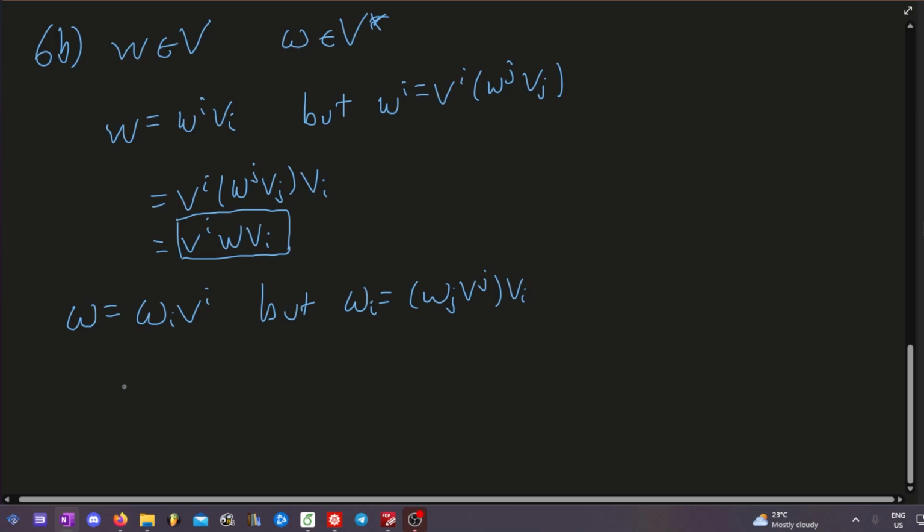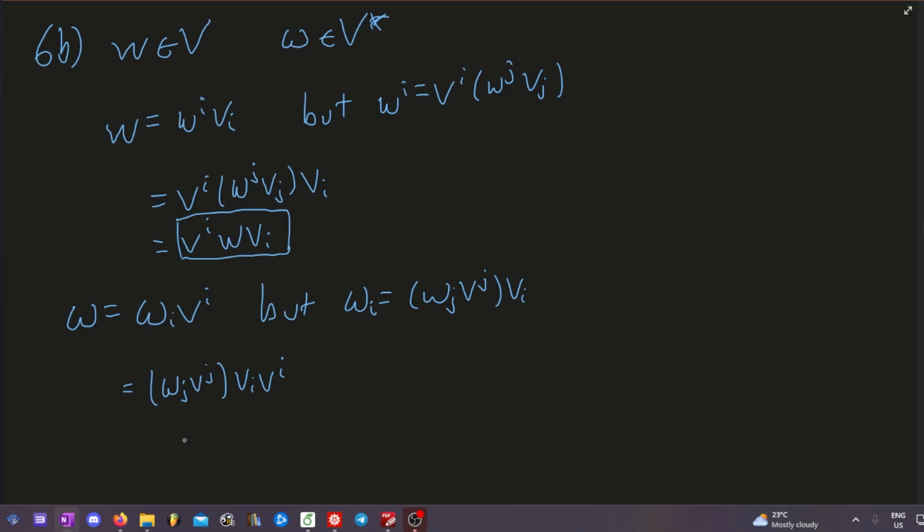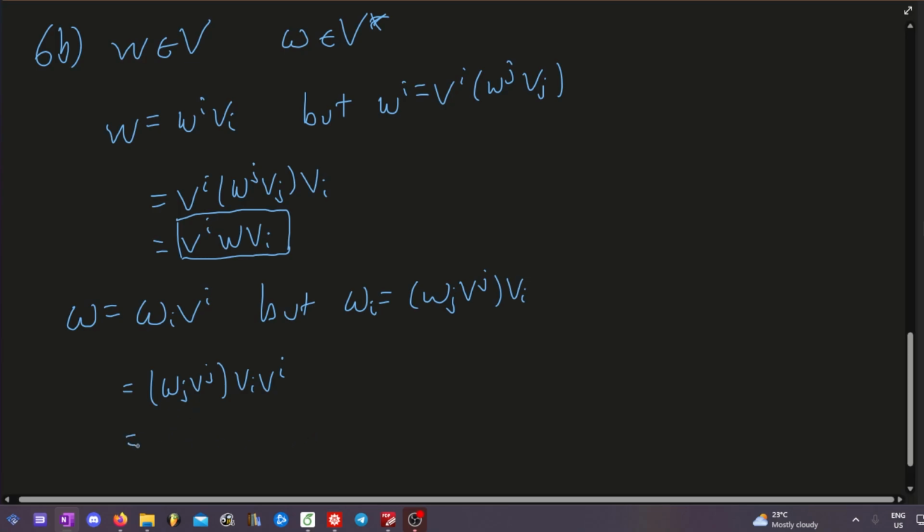So therefore we can rewrite this expression as follows: omega_j v^j times v_i v^i. Now the expression in the brackets out front here again is just omega, so we get omega(v_i) v^i with an implicit sum over the i's, and we have shown what we were asked to show for this section.